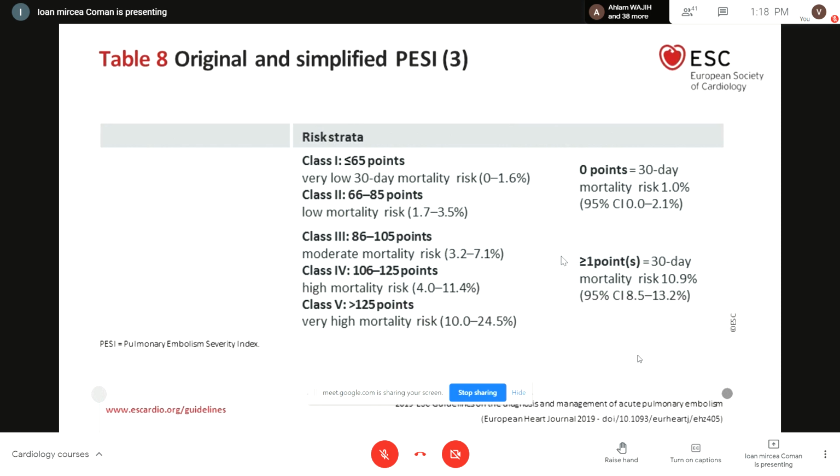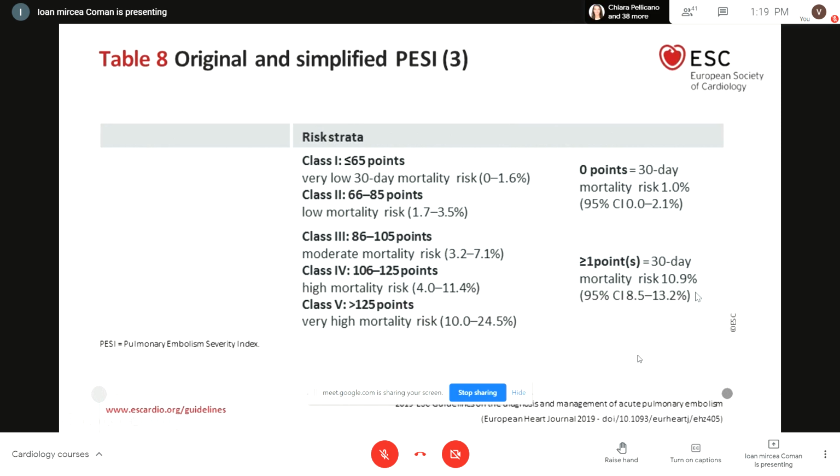If none of the risk factors mentioned is present, then the mortality is very low, below 1%. While if you have at least one of those characteristics, the mortality is more than 10%. So it's a very high mortality.